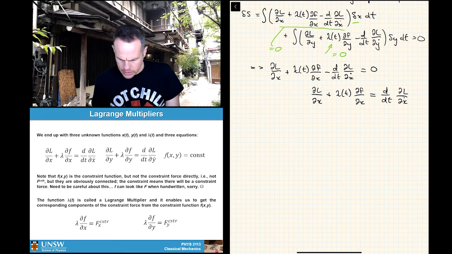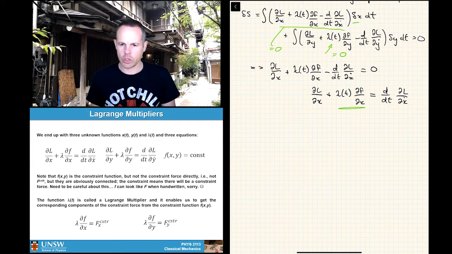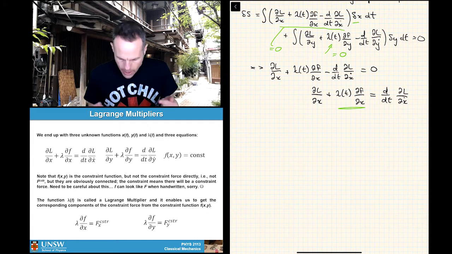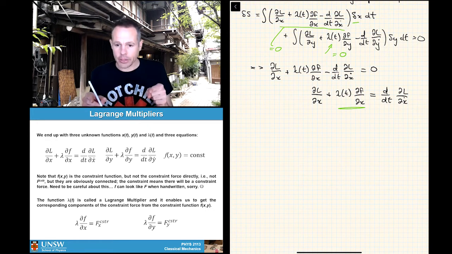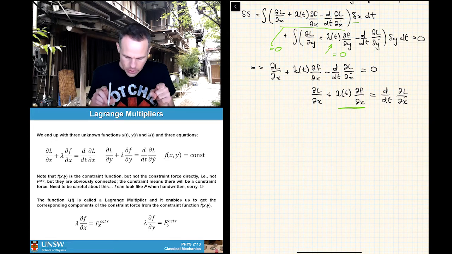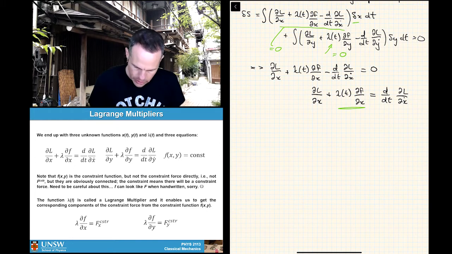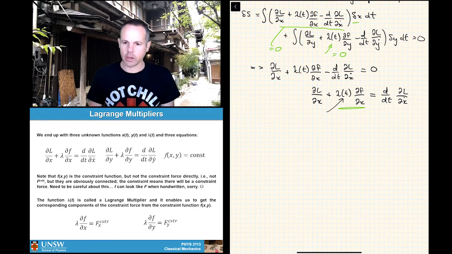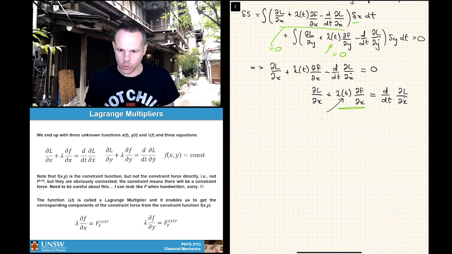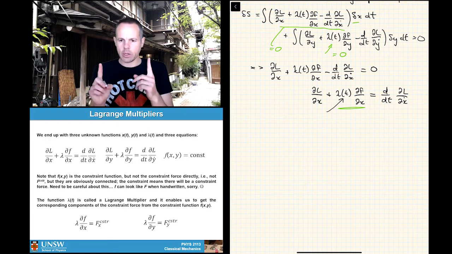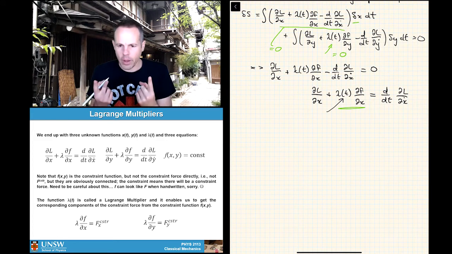So what we've basically done is add a term that effectively is equal to 0 into an equation to get another term in there, right? And what we're going to do in the end is use this approach to get us this function lambda of t that's then going to be connected to our constraint force, right? And as you know, in any particular problem, that constraint force is not a real force in the sense that it's acted on by anything externally.